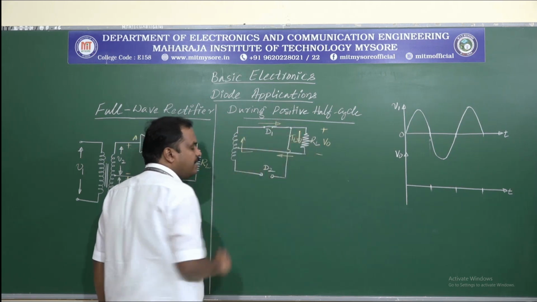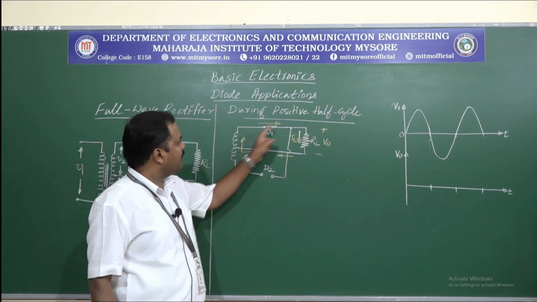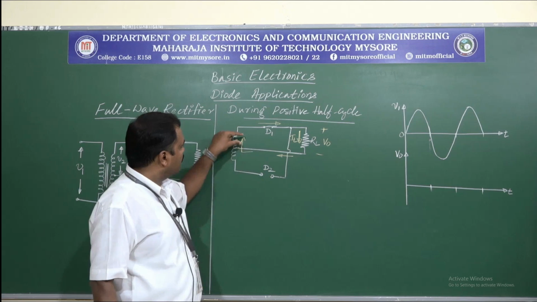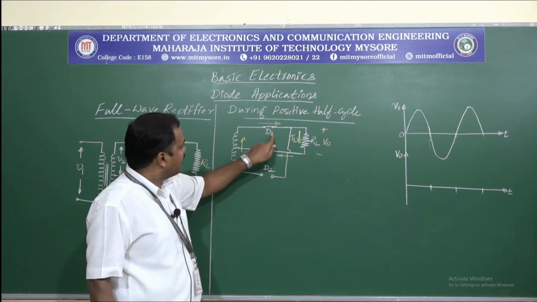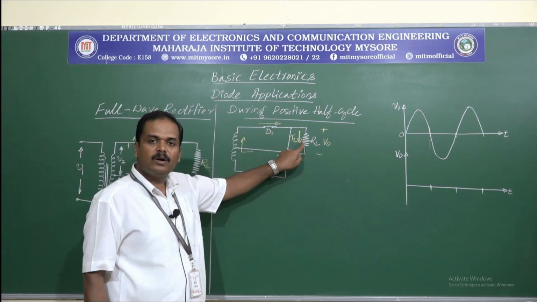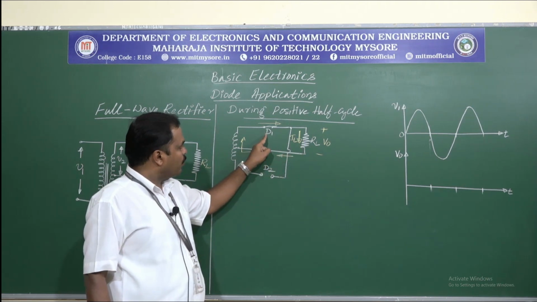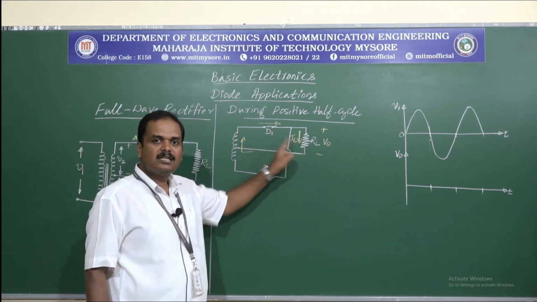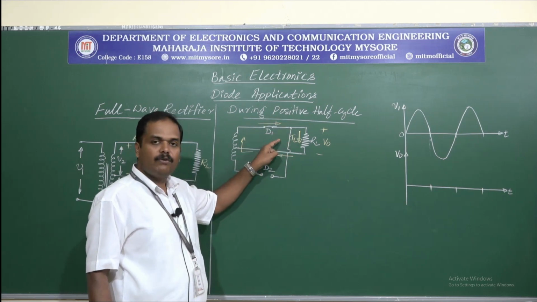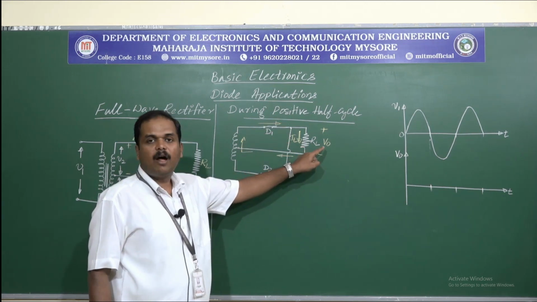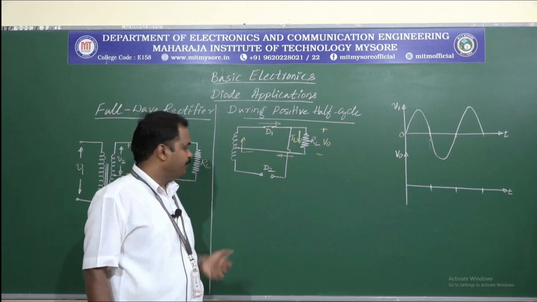So here we can see a closed path for the current to flow through the upper secondary coil, diode D1 and load resistance RL. So during the positive half cycle, through diode D1 and load resistance RL, there will be current flowing which generates an output voltage V0.